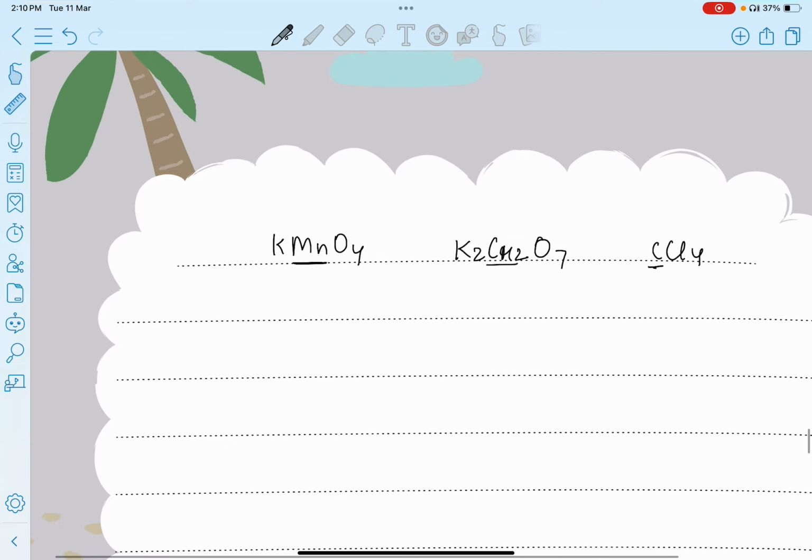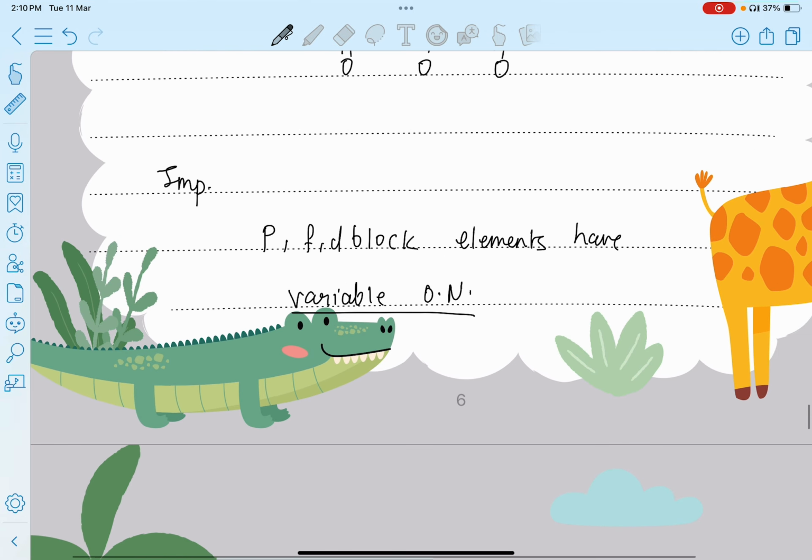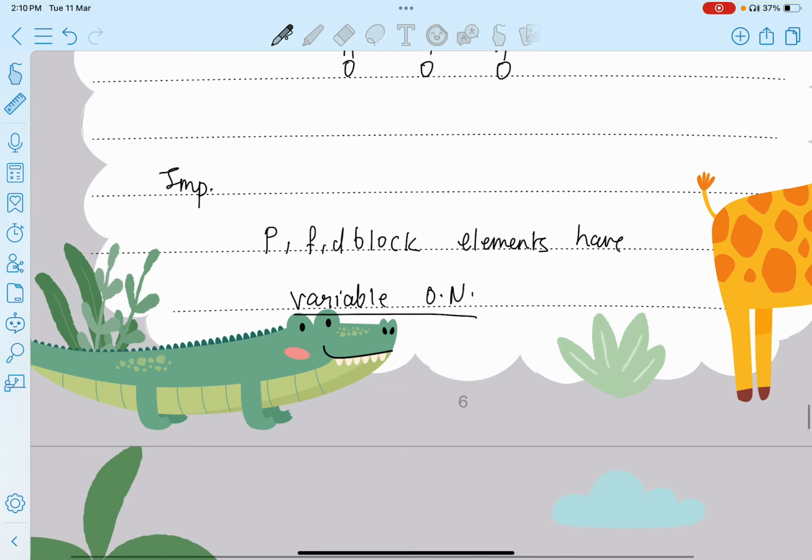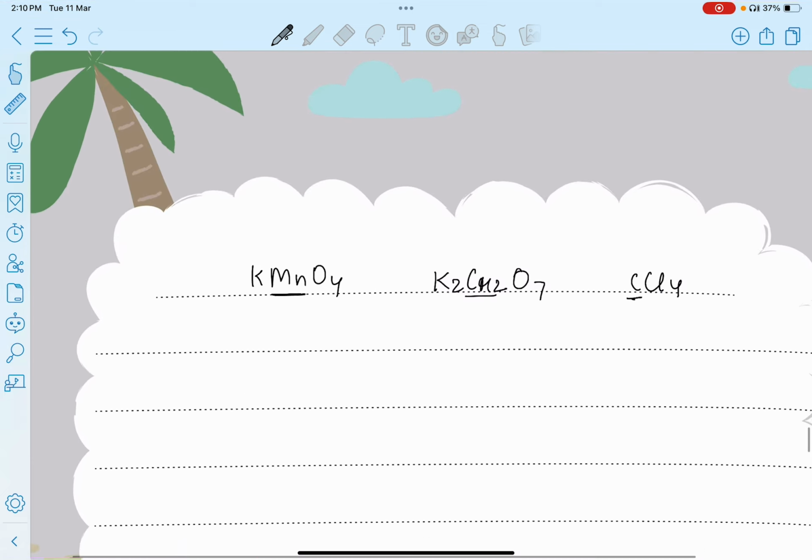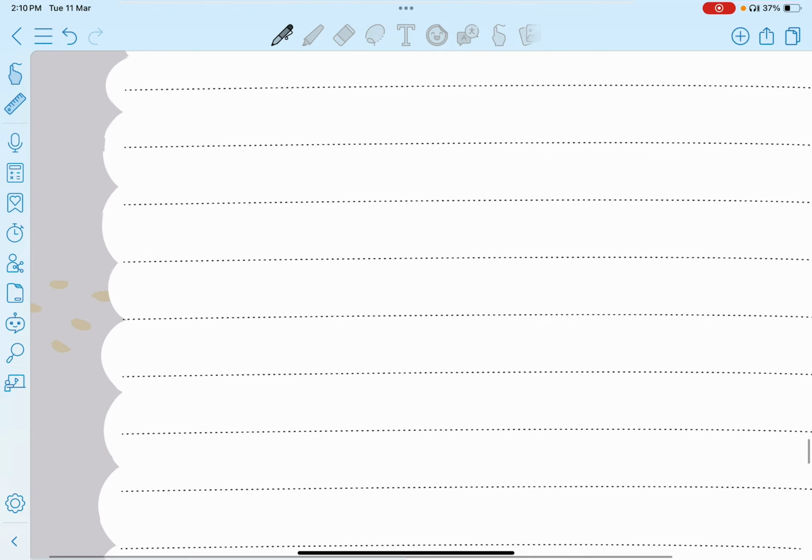We have one other important note: an element can have multiple oxidation states. It can be positive, negative, and zero. Such as in CH4, CCl4, and CHCl3, the oxidation number of carbon is -4, here +4, and here 0.